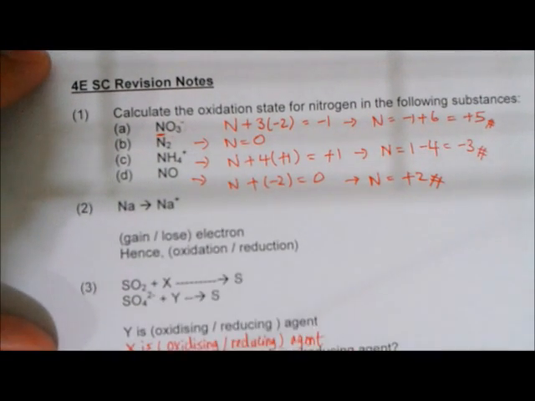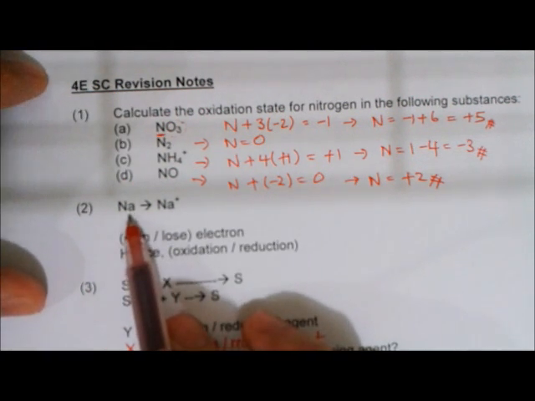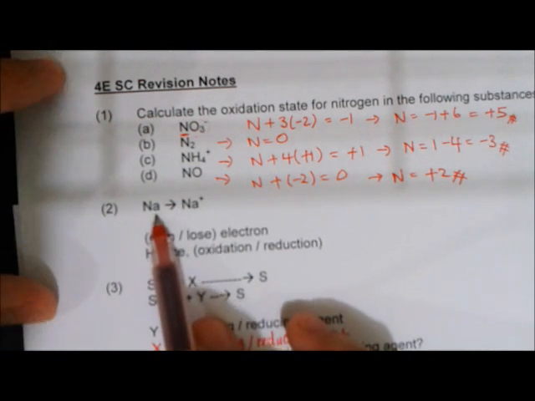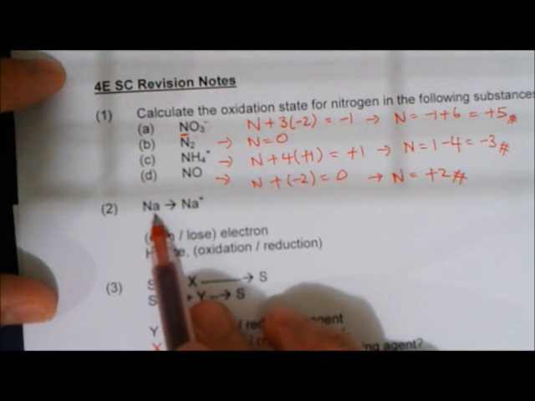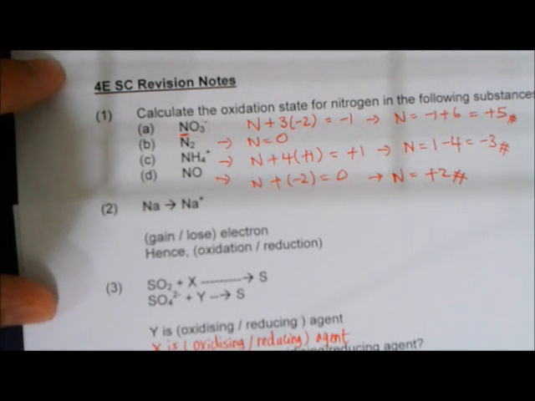Now, how about for this question? Sodium and to sodium ion, is it gain or loss of electron? Hence, is it oxidation or reduction? Remember, this is sodium atom, this is sodium ion. For sodium atom, the charge is neutral, meaning that the number of proton is the same as the number of electron.